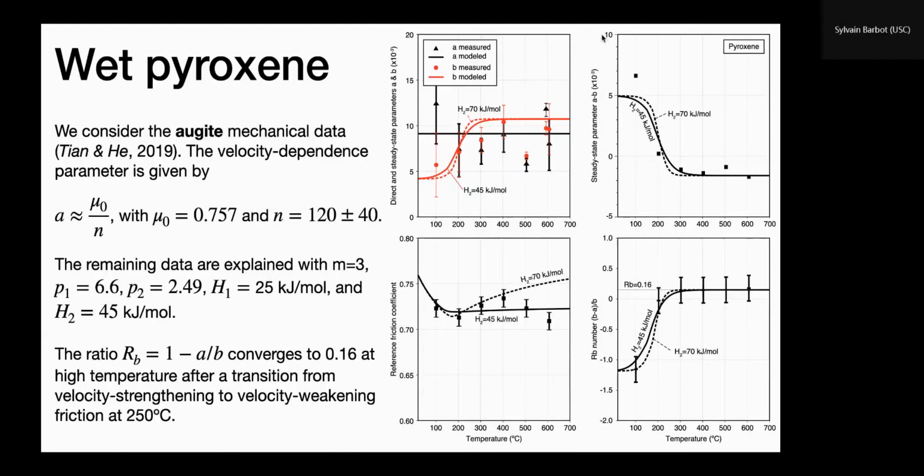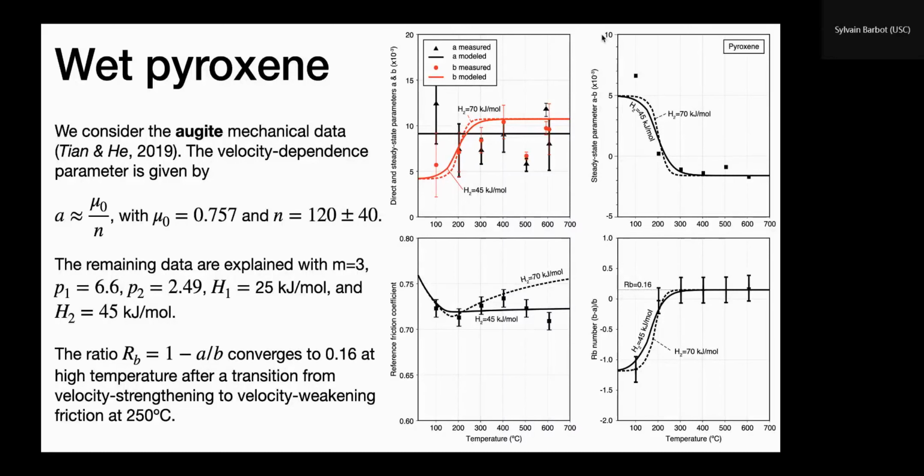One has 25 kilojoule per mole, the other is 45. And this is in wet condition, so it's compatible with these deformation mechanisms in wet condition. If you ignore friction, you can explain A, B, and all this with different activation energies all the way to 70 kilojoule per mole.